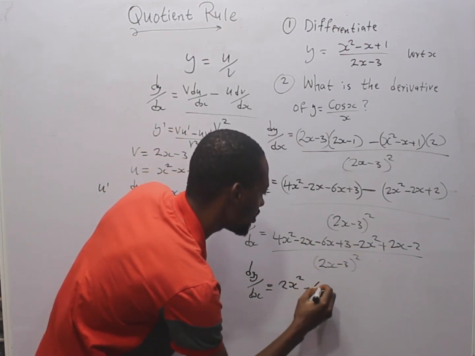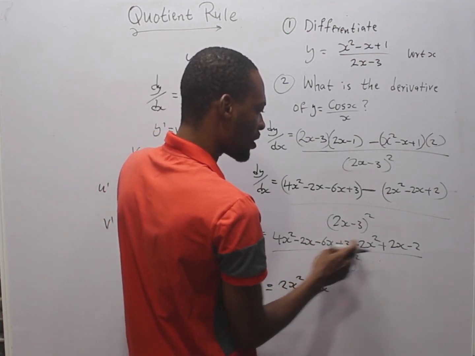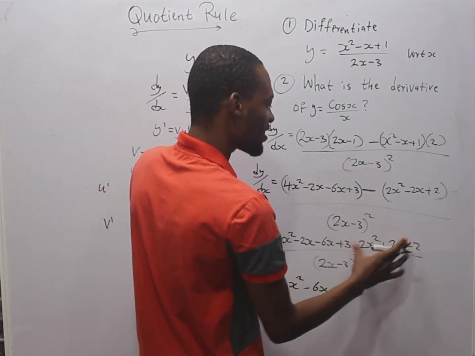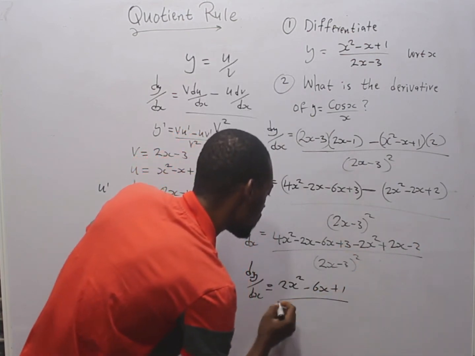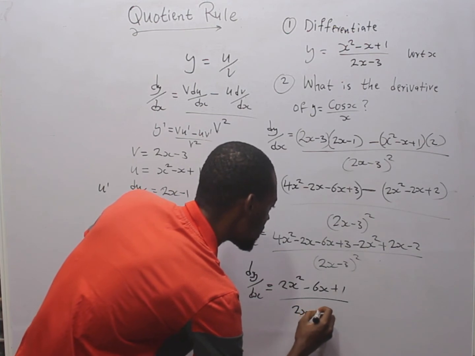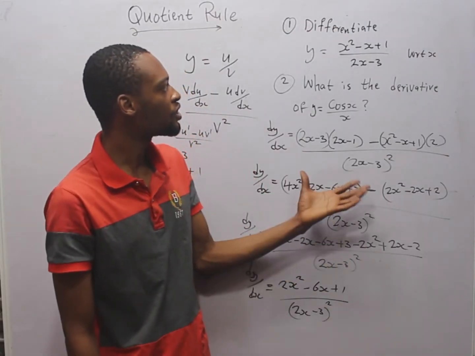For the constant, plus 3 minus 2, which is 1, plus 1 all over 2s minus 3 squared. So that is it. We've used the quotient rule to solve this problem.